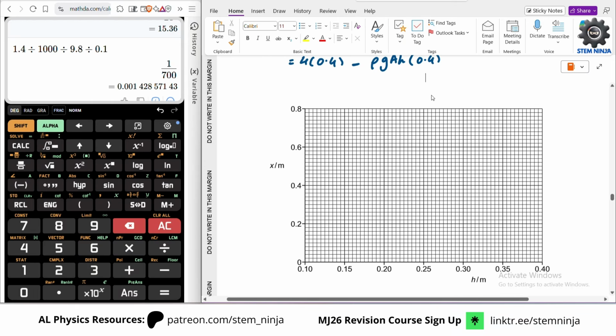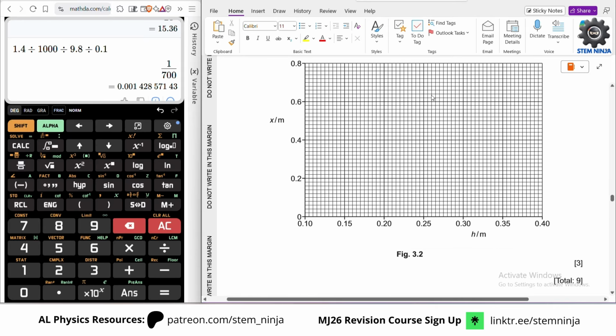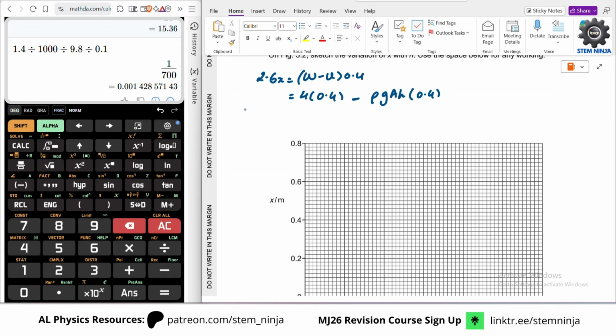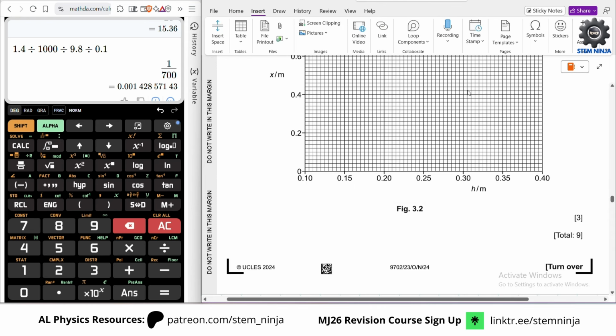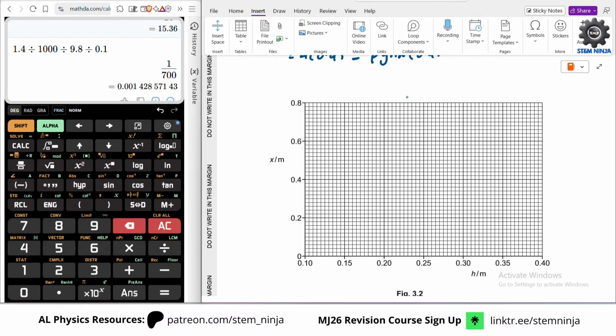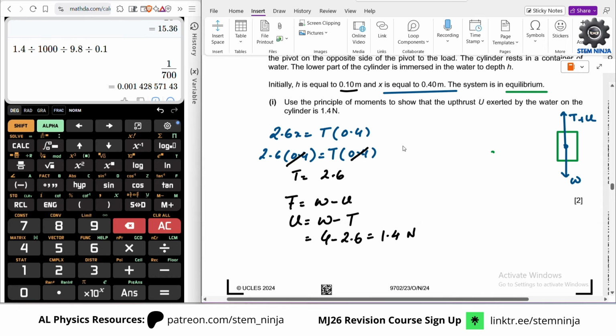Now we need to know what happens when x becomes 0, because we have already 1 point. We know that when h is 0.1, x is 0.4. Right? This is what we have over here now.